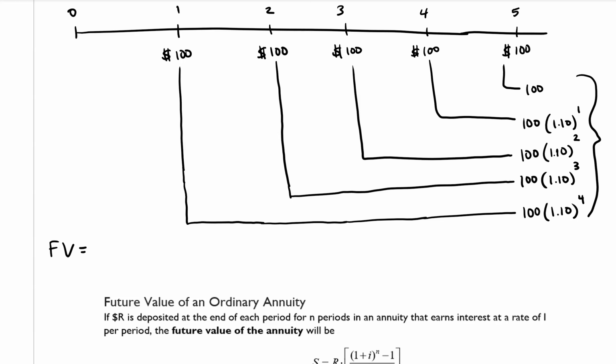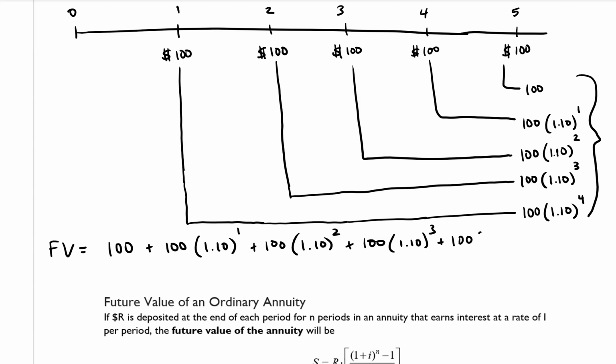The future value of this account will be 100 plus 100 times 1.10 to the first power plus 100 times 1.10 to the second power, until we get to the last term, which is 100 times 1.10 to the 4th power.